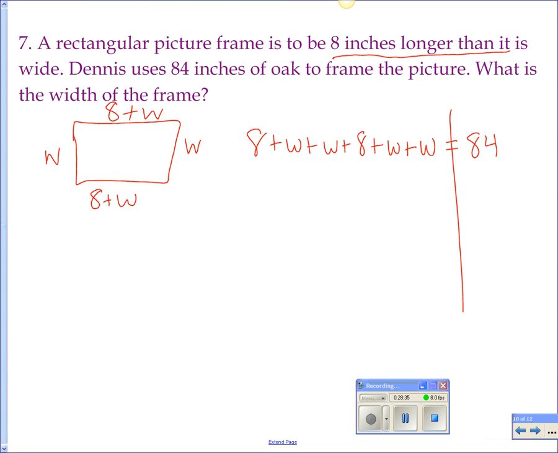All right, Joey, what do I do next right here? Okay. What is that going to be? Very good. Zaria, what do I do next? Yeah, I got to move the 16. Somebody, 84 minus 16.